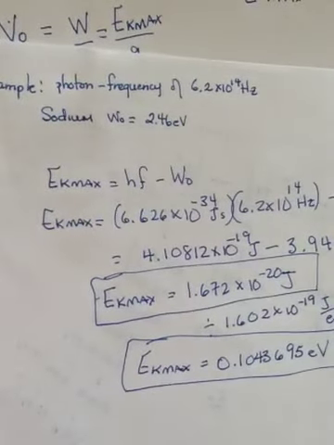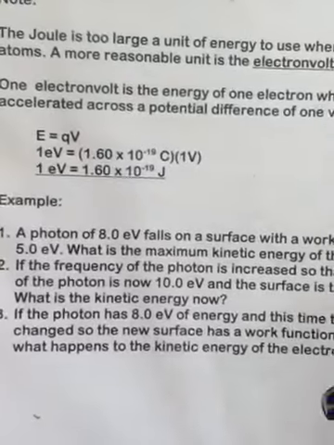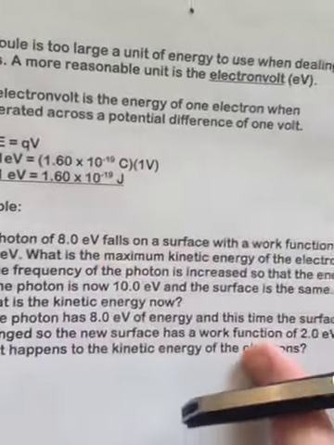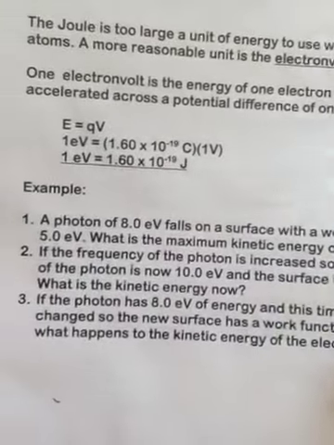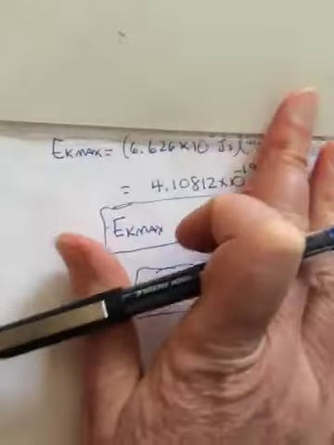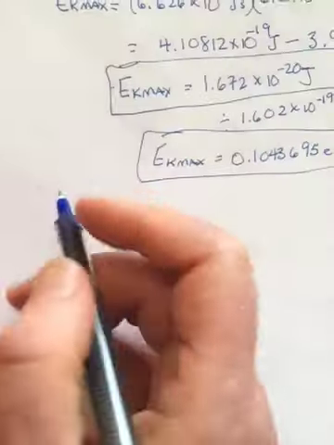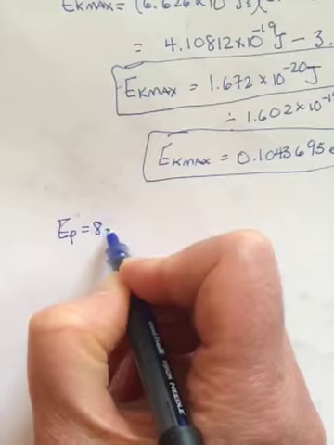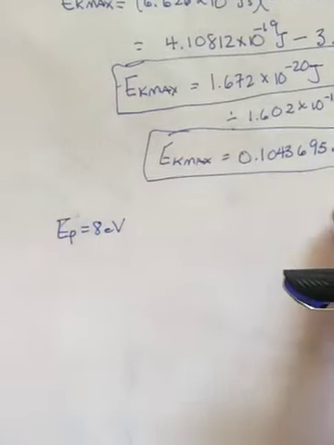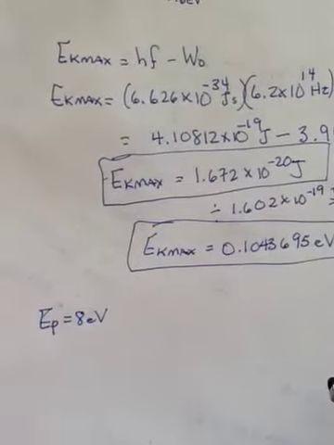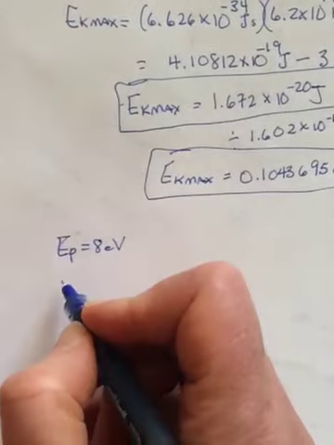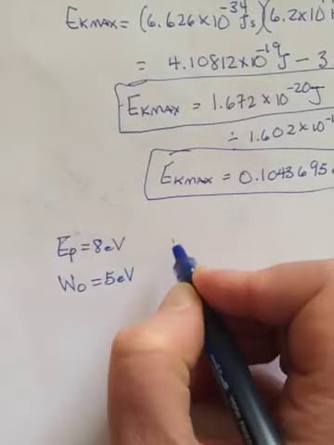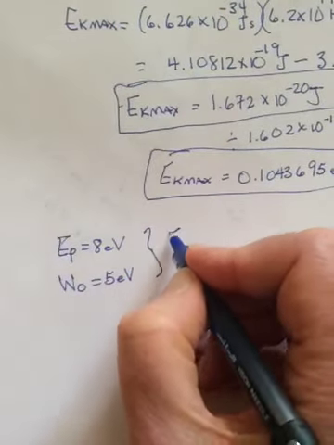Maybe one more example, just because I have another 2 minutes. A photon of 8 electron volts falls on a surface with a work function of 5 electron volts. So in this question, a photon of 8 electron volts, that's Ep. They're giving us Ep is 8 electron volts. And it falls on a surface with a work function of 5 electron volts, so W0 is 5 electron volts, and it wants to know what Ek max is.